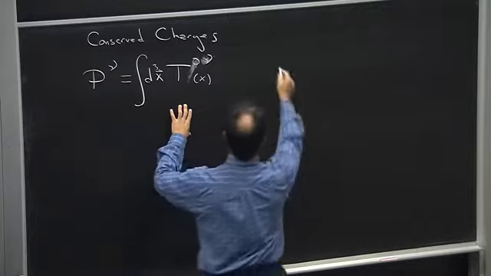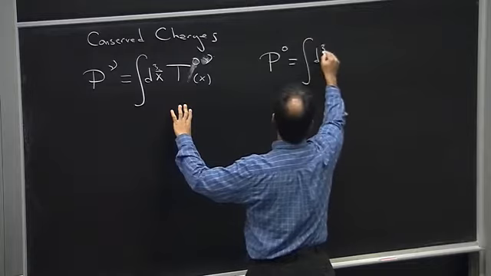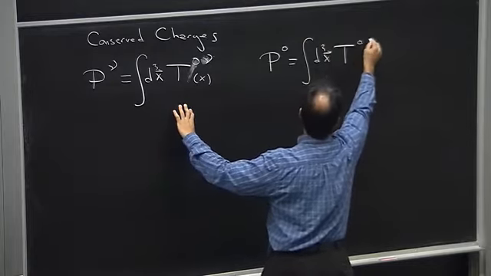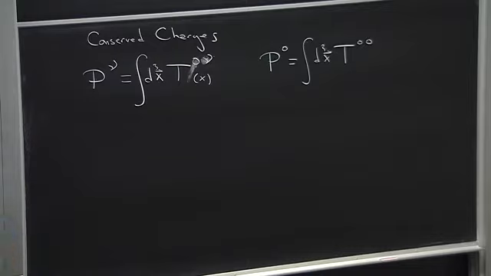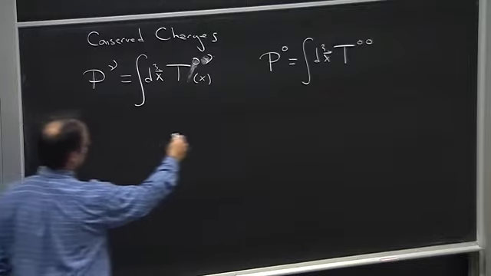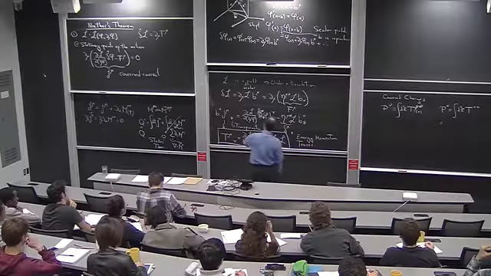So what is P0? It's the integral d3x of T00. What is that in the scalar theory that we were considering, the Klein-Gordon theory? Can anyone quickly compute it? Well, look at this.